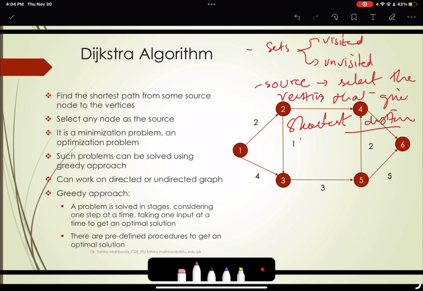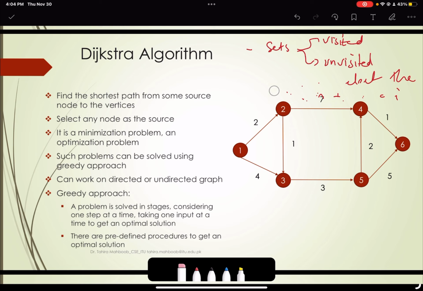And once a vertex has been visited, if there is another path to an already visited vertex, and if it is smaller than the existing path, then it updates the existing distance from that source vertex to the destination vertex.